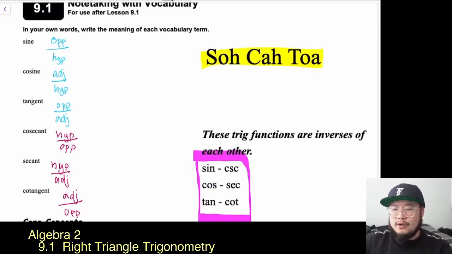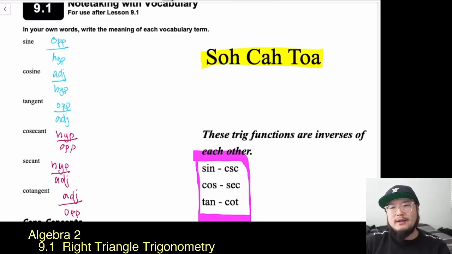If you have a hard time memorizing the cosecant, secant, and cotangent ratios, all you need to do is remember sine, cosine, and tangent, SOHCAHTOA, and then flip the ratio to get the inverses. In the end, it's probably easier to just memorize the cosecant, secant, and cotangent ratios.